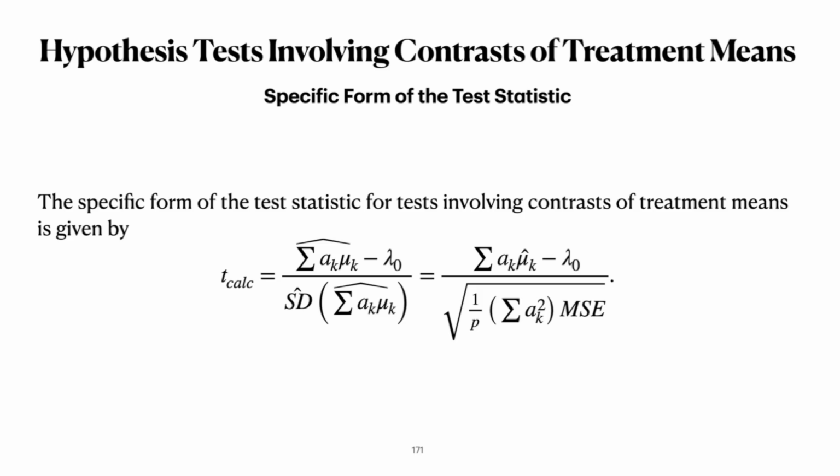The estimated standard error of the point estimate of the contrast is equal to the square root of 1 over p times the sum of the squared a values times the MSE.